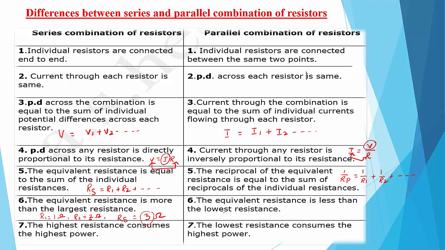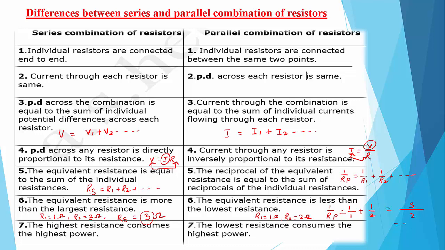But in parallel combination, the equivalent resistance is less than the lowest resistance. Suppose I again consider R1 as 1 ohm and R2 as 2 ohm. We have the formula 1 by Rp equal to 1 divided by 1 plus 1 divided by 2. What is the LCM here? 2. Here we get 2 plus 1, which is 3, so we get 3 divided by 2.